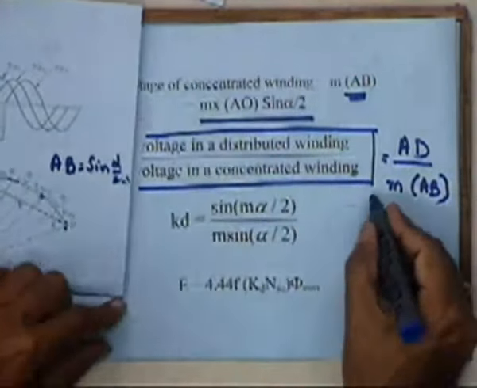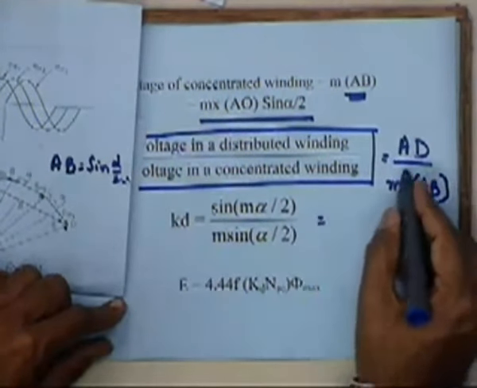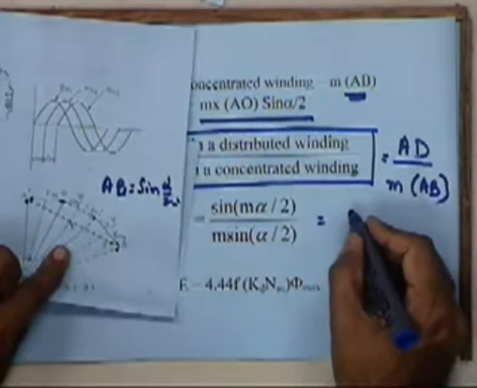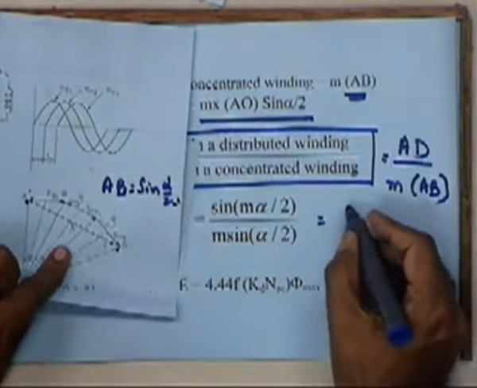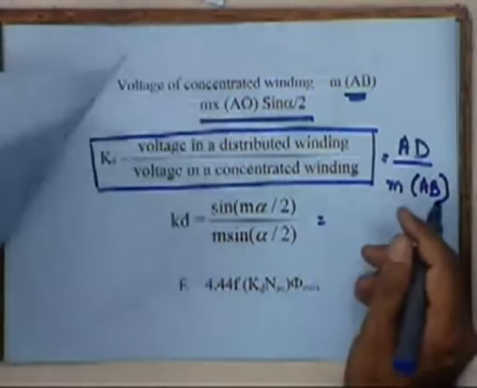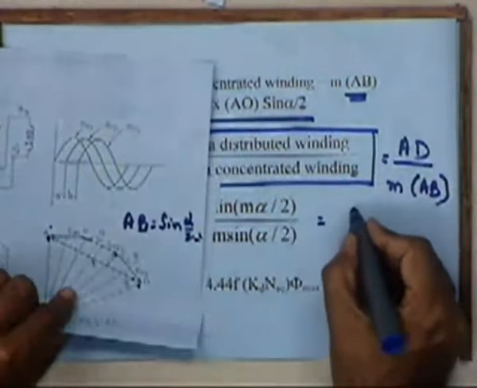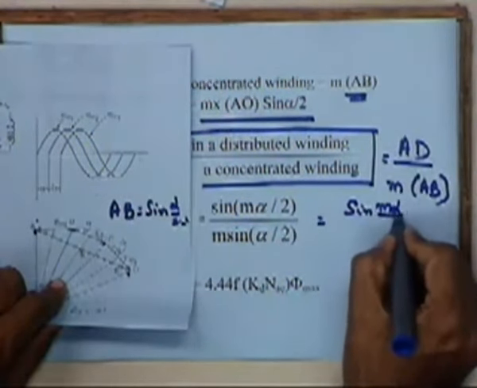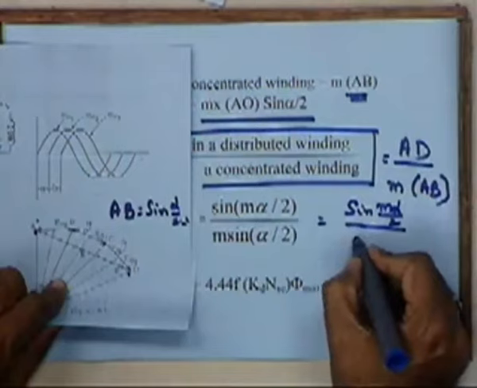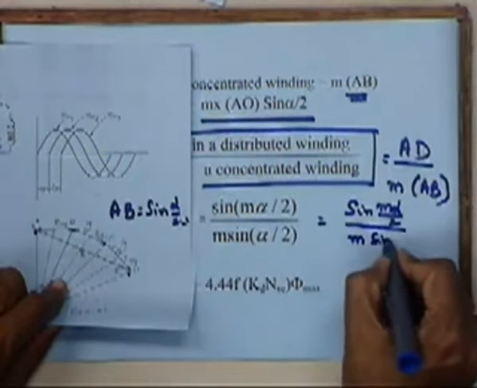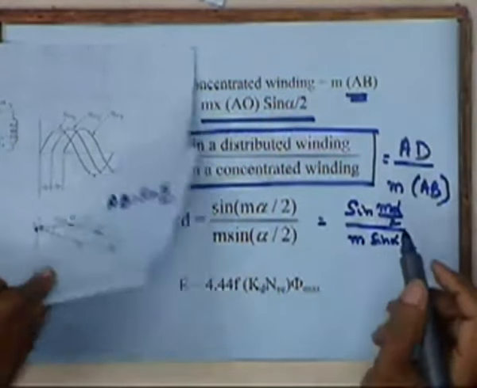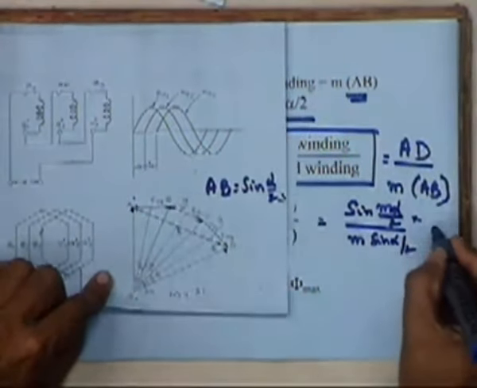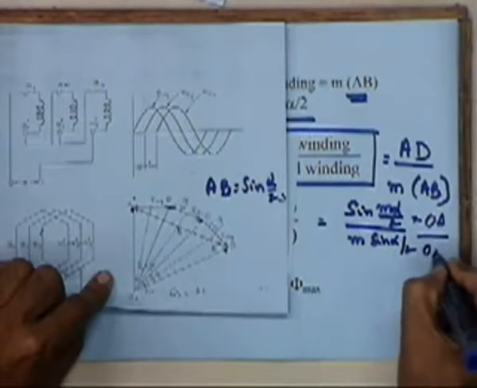This is because AD is already equal to sine m alpha by 2, as we have proven earlier. So we have sine m alpha by 2 over m into sine alpha by 2, because the term OA gets cancelled on either side.